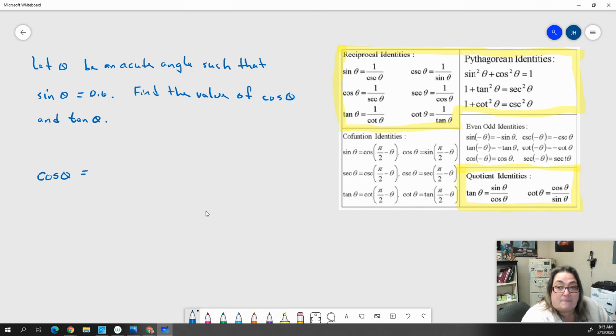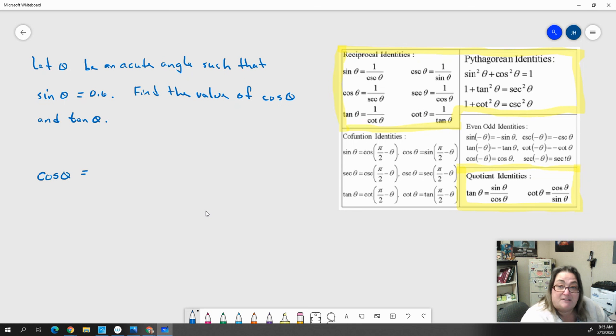If I look up here, I don't have anything that works with sine and cosine in the same equation. We've got sine equals 1 over cosecant, cosine equals 1 over secant. So nothing in here is sine with cosine. But here I have something that is sine and cosine. Now down here I have a sine and cosine, but it also has a tangent, and so we'd have to know at least 2 of those 3 things to be able to solve it.